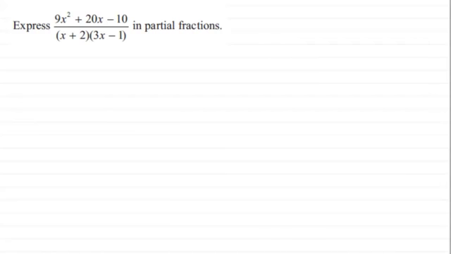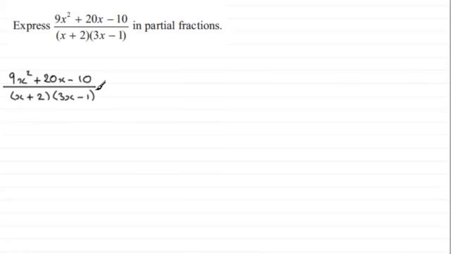Okay, welcome back if you had a go. So what I'm going to do is first of all just copy this down. 9x squared plus 20x minus 10 all divided by x plus 2 multiplied by 3x minus 1.